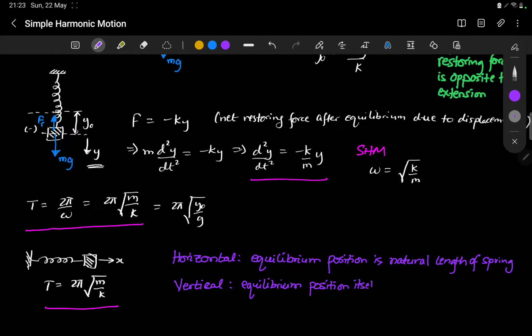itself has some extension in the spring. So this is not the natural length of the spring.